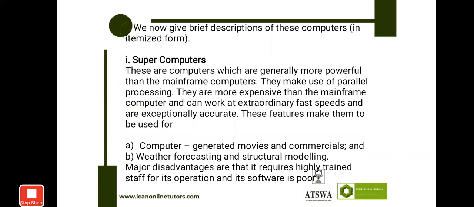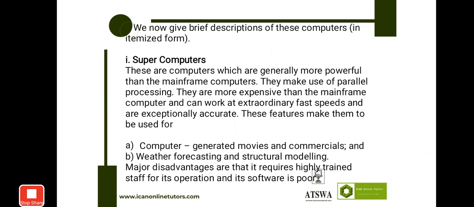So let's look at these brief descriptions of these computers: supercomputer, mini computer, microcomputers, and the rest. Supercomputers are generally the most powerful, more powerful than the mainframe computers and even faster. They make use of parallel processing.